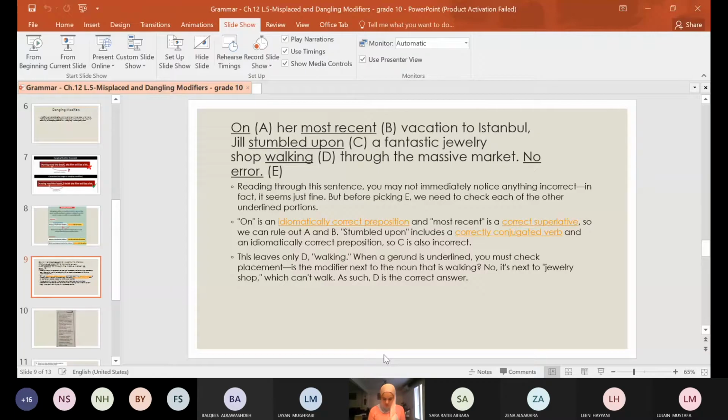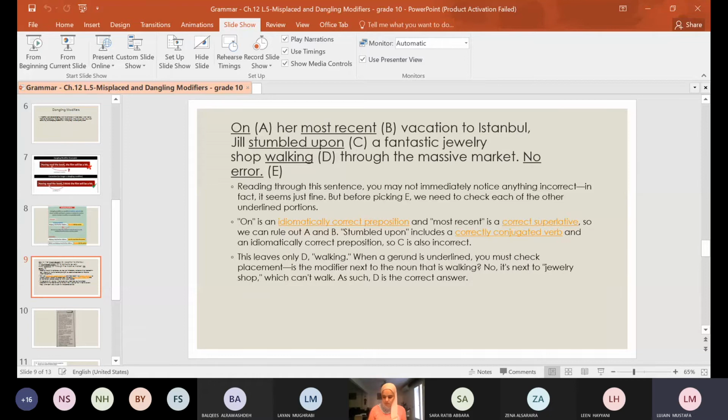So we go to page. Did we solve misplaced modifiers previous time? I think we stopped at number 11. We stopped at number 11.